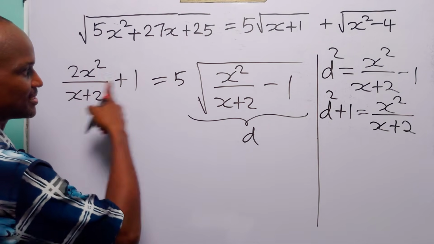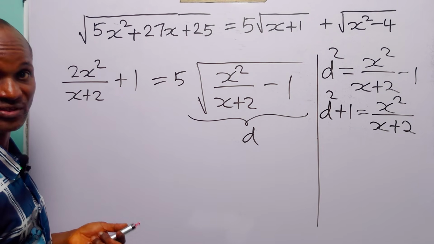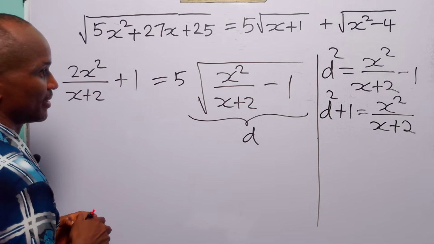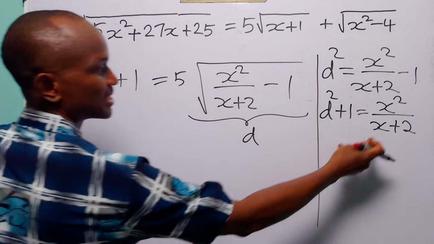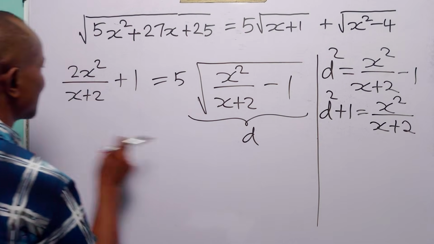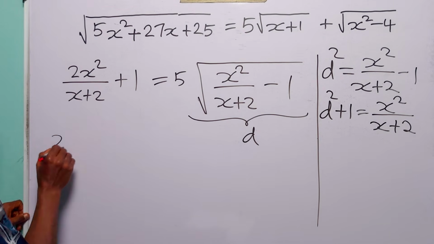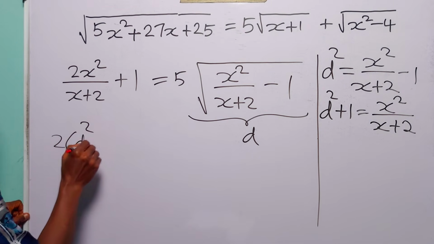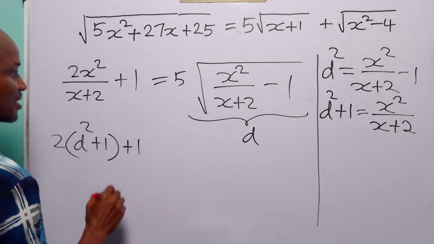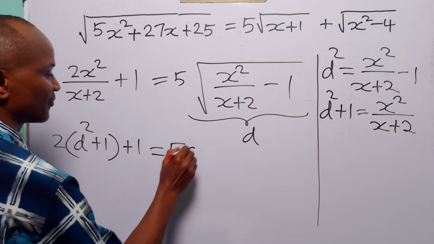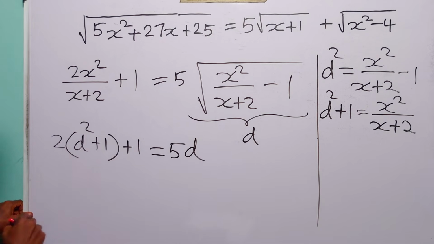Now we can rewrite this equation in terms of d and d squared. Of course, we know that x squared over x plus 2 is equal to d squared plus 1. So here we have 2 times (d squared plus 1), then we have plus 1. This is equal to 5d.